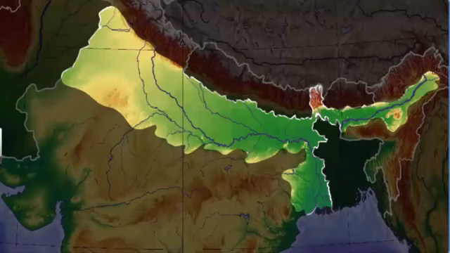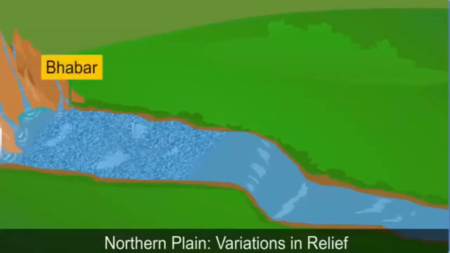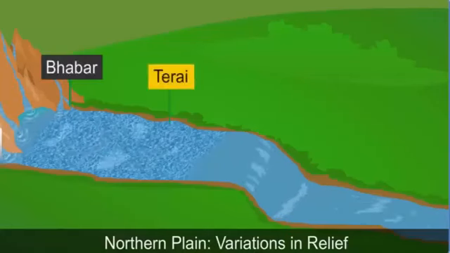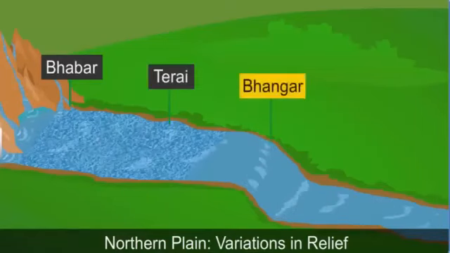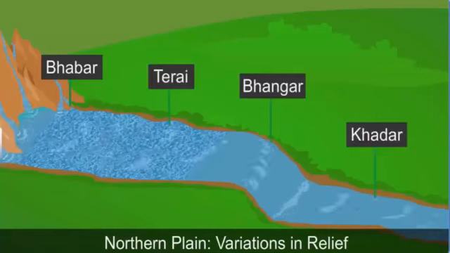In fact, based on these variations in relief, you can divide the northern plain into 4 regions: Bhabar, Terai, Bhangar, and Khadar. Let's find out more about these regions and the features that each of these regions displays.